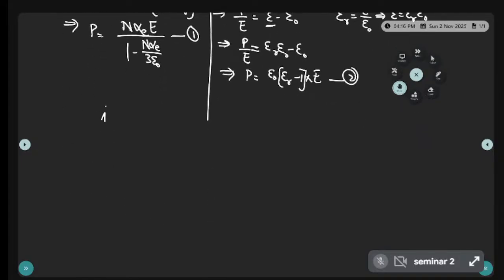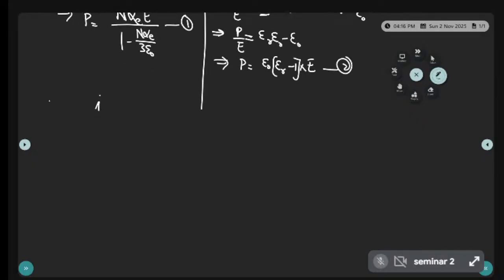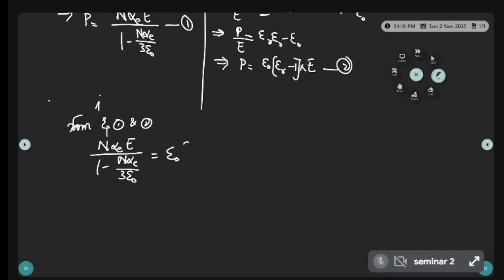Right. From equation 1 and 2, what can I tell? N alpha E by 1 minus N alpha E by 3 epsilon naught is equal to P. P is equal to epsilon naught into epsilon r minus 1 into E. Both are related to P, so equated.